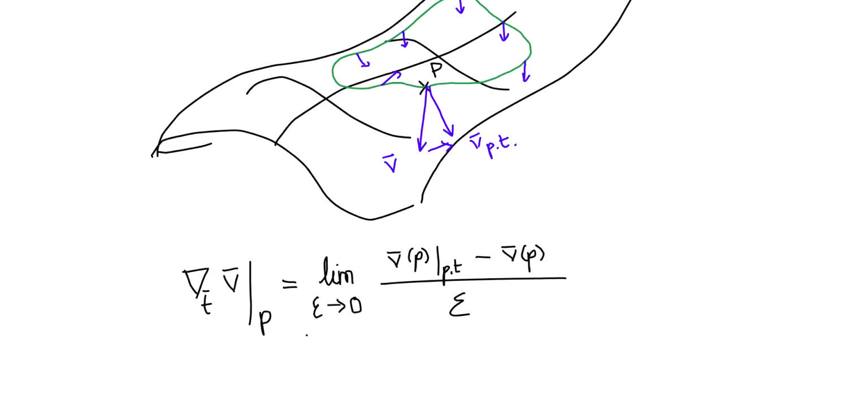This is just what I explained earlier. So here we have epsilon. Epsilon is because we are parallel transporting our vector V in a neighboring path around P.